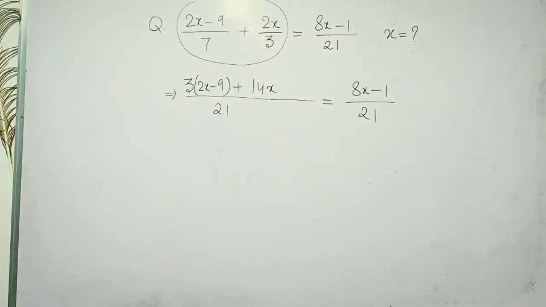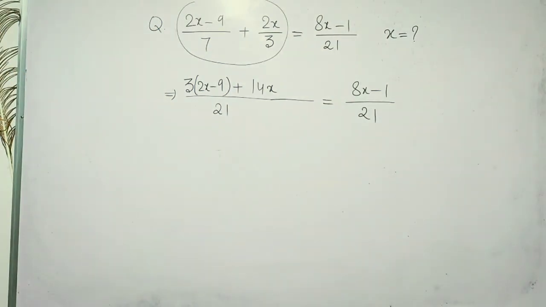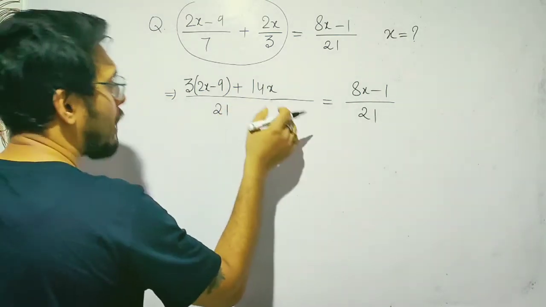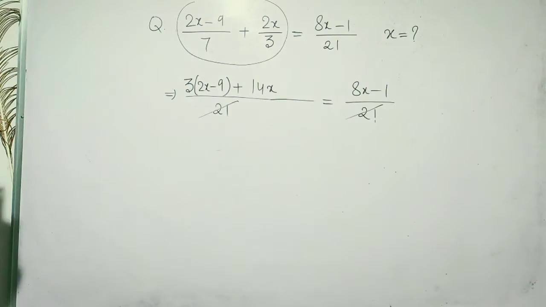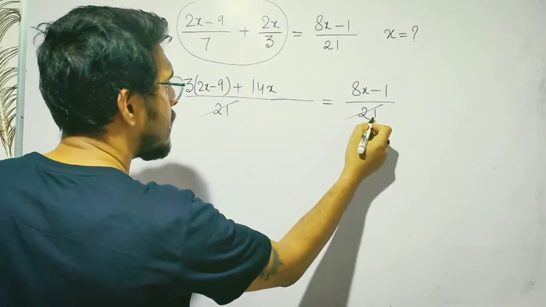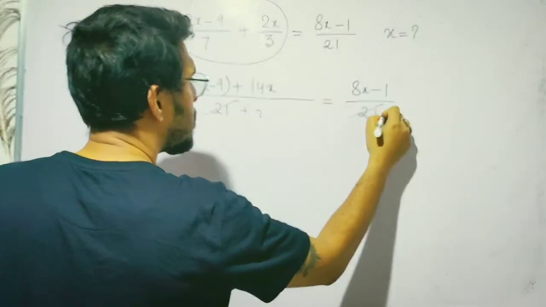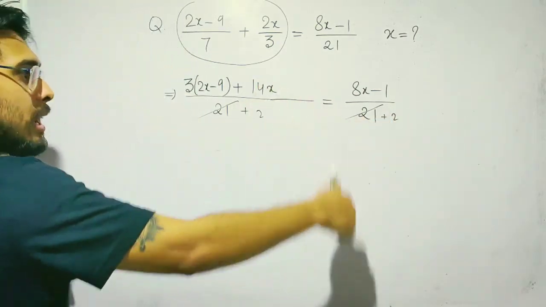Now let me tell you a very interesting thing. You can see the denominator is 21, right? The denominator 21 is on both the sides. Whenever there is nothing attached to it, no plus, no minus, something like that, in both the denominators, you can simply cut it. Okay? For those who don't know, please try to understand. For example, even if there is plus 2 on both ends, still you can cut it.